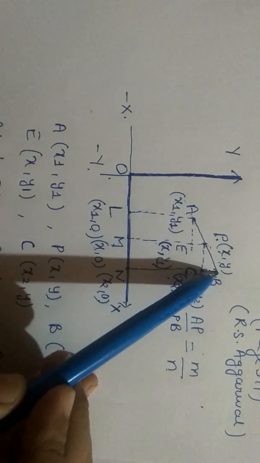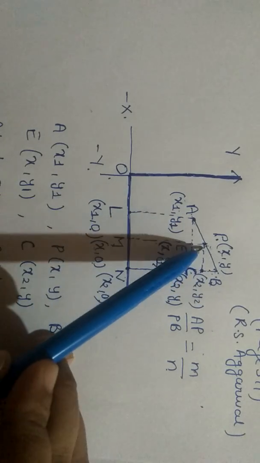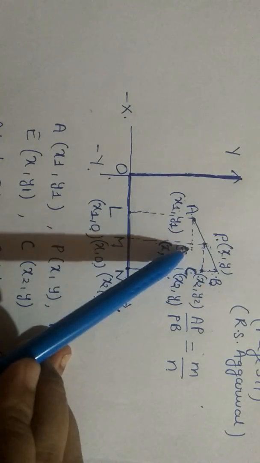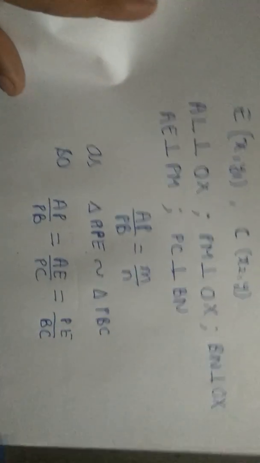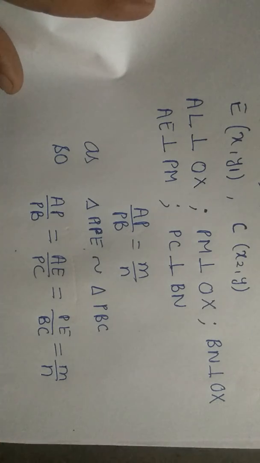AP अपॉन PB करस्पॉन्डिंग साइड से, तो इनका रेशो क्या होगा? सेम होगा. सिमिलरली AE अपॉन PC, ओके. सिमिलरली PE अपॉन BC, ऑल आर इक्वल. So all are equal, so their ratio will be M is to N. They will be same.